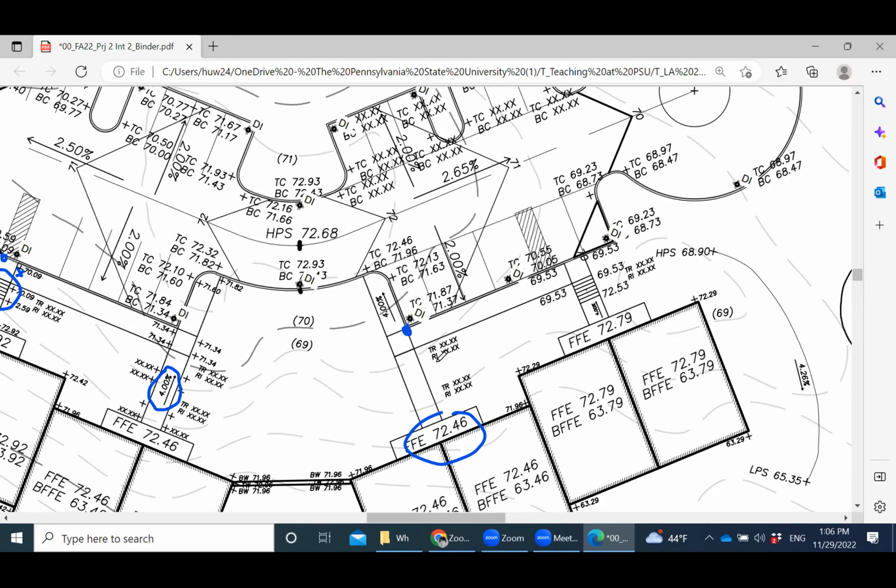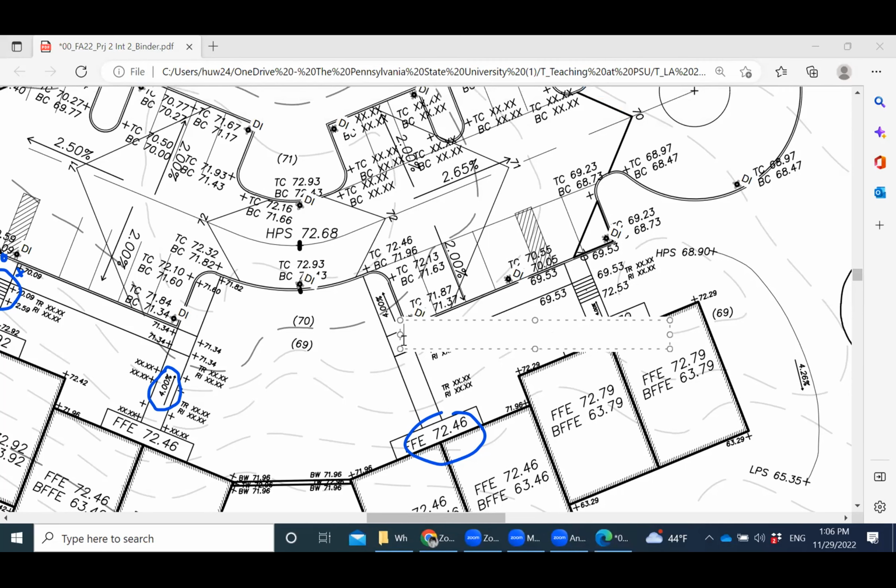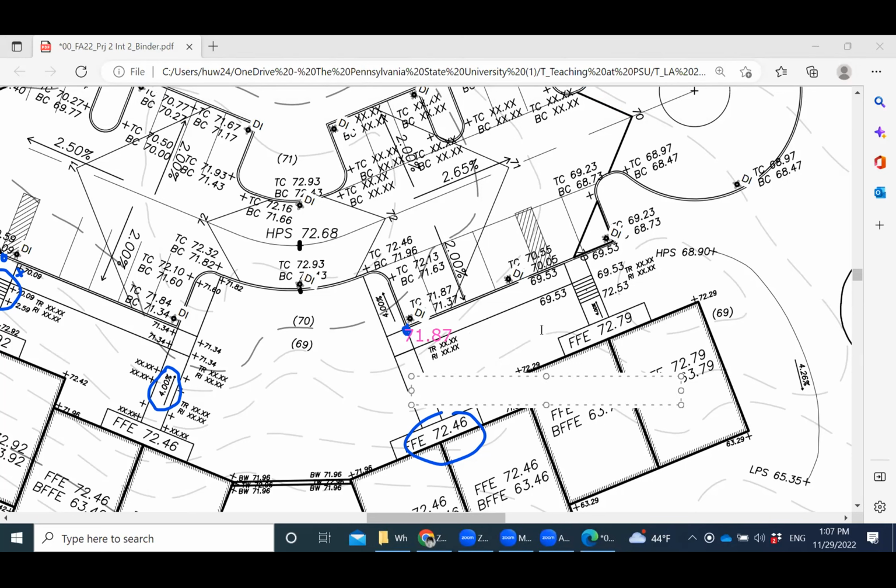72.46. The reason being, TC is 71.87, and the length here would be at least 30 feet, even 35 feet could be possible.